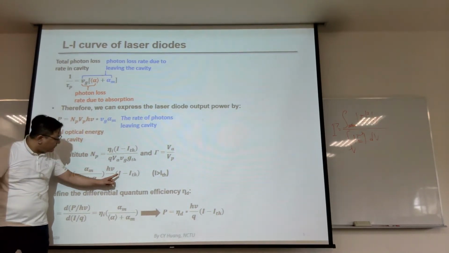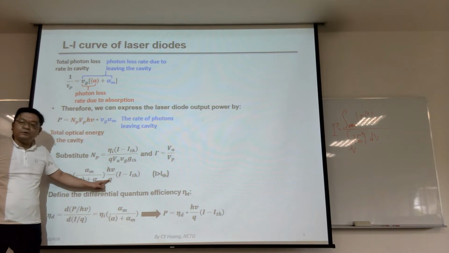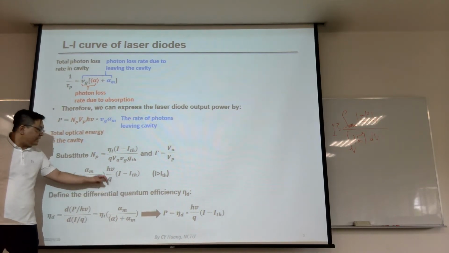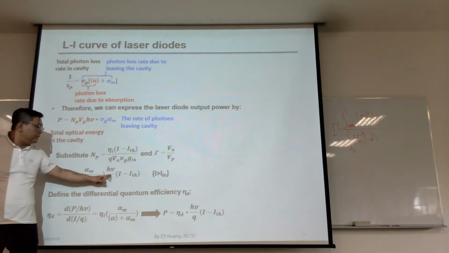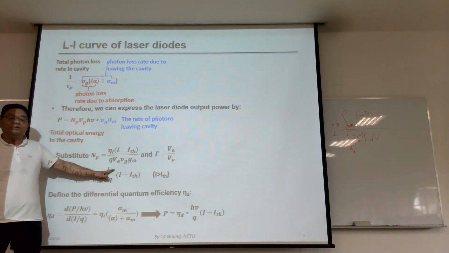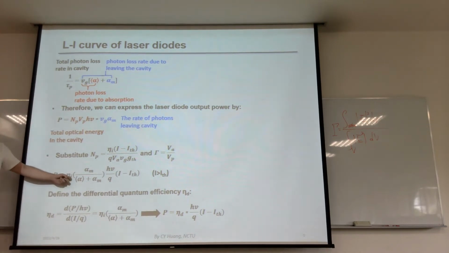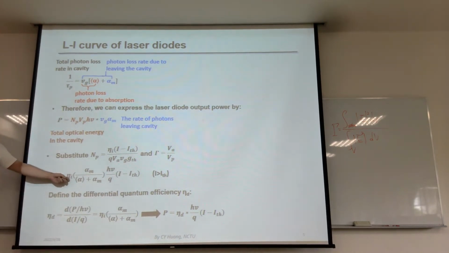I minus ITH divided by Q means how many excess carriers are injected, times h mu means the carriers are transferred into photon energy. And you have zeta I because some of the carriers might not be injected into the active region.